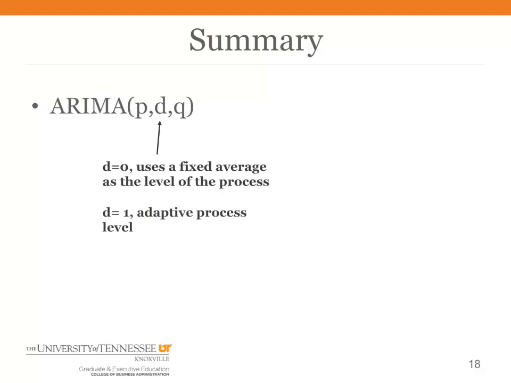And the next term in the triplet, the one in the middle, we usually refer to as D. And D tells us whether the model has a fixed average or whether it is adaptive. If D is equal to 0, that means we use a fixed average. If D equals 1, it means the level of the process changes over time and it does not use a fixed average.